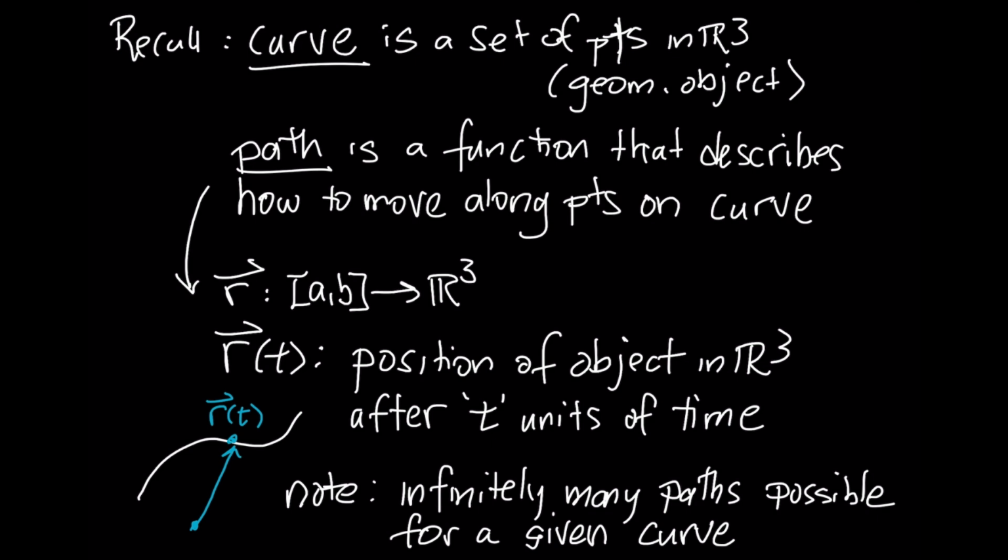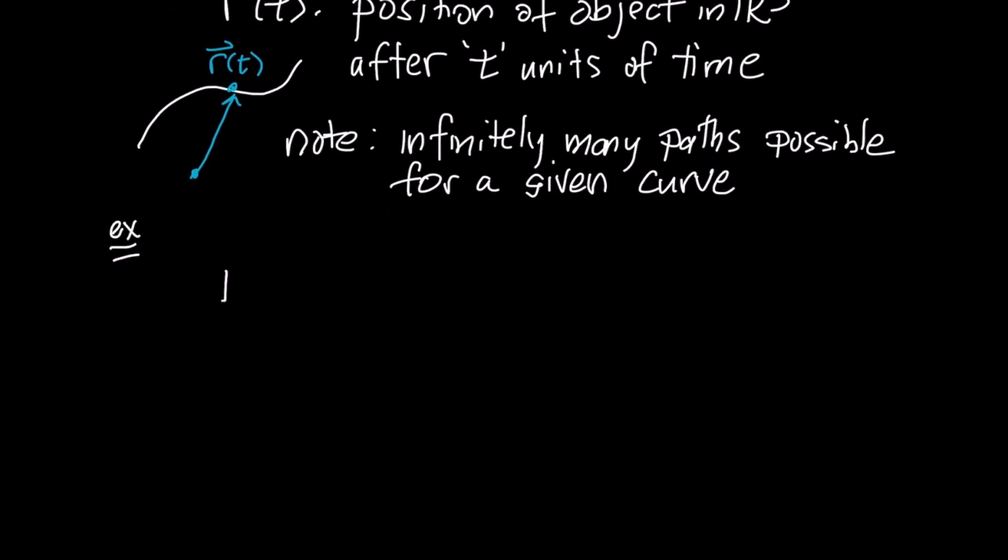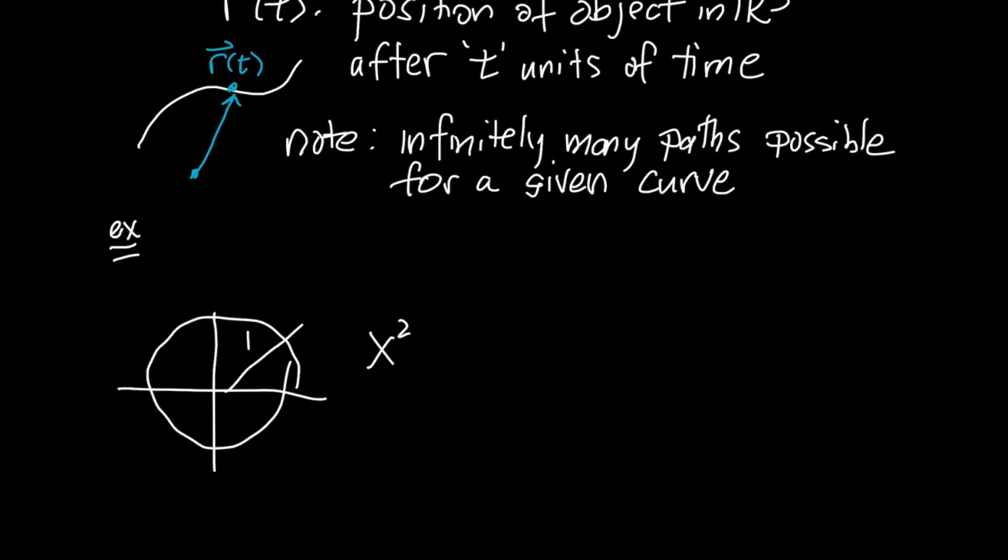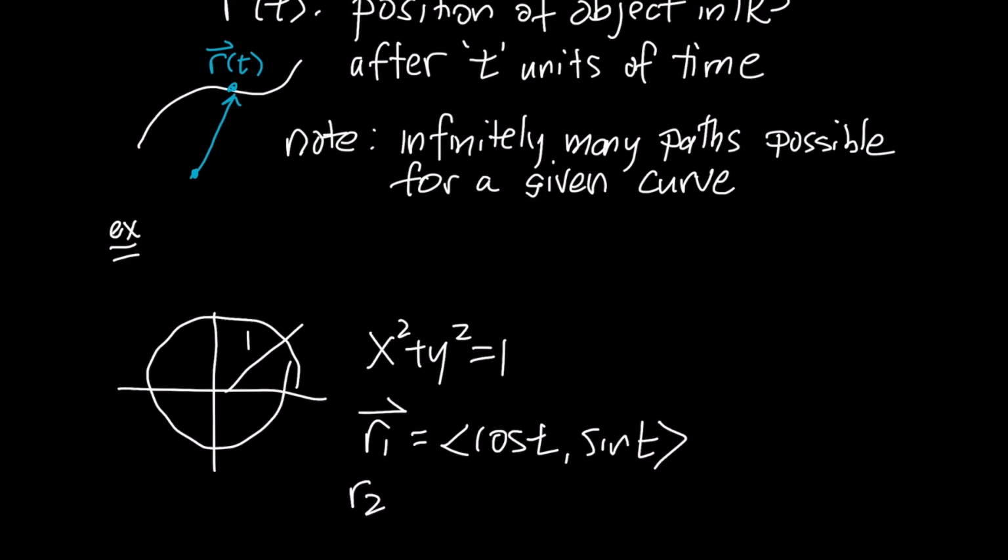As a simple example, let's take a unit circle. We've already discussed that one parameterization of this curve could be cos t, sine t, but another one could be cos of 2t and sine of 2t.